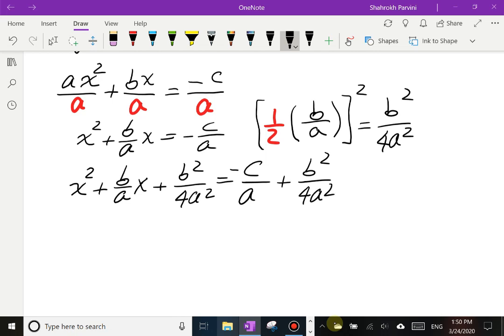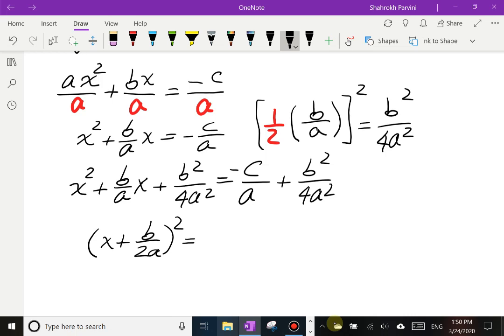Because of the way we added this b squared over 4a squared to both sides by completing the square, we know that on the left side we now have a perfect square trinomial. So the binomial form of this is x plus 1/2 of b over a, which is b over 2a, quantity squared.